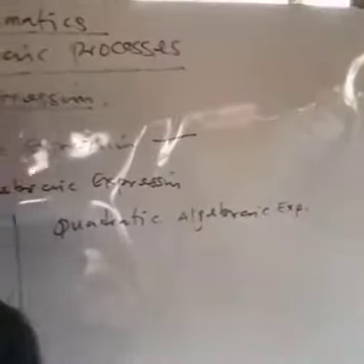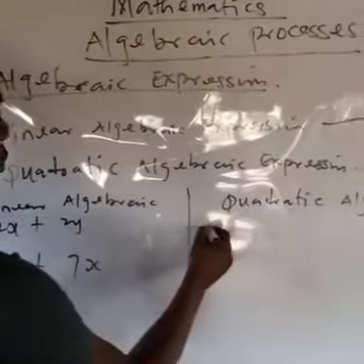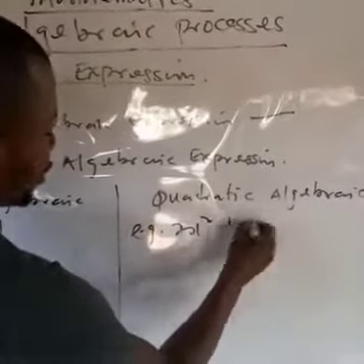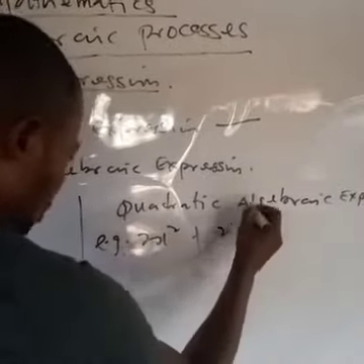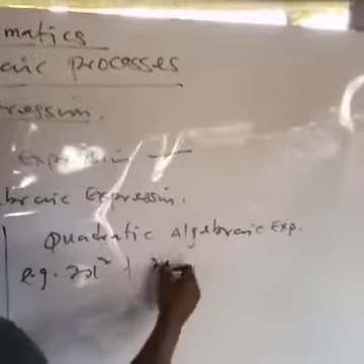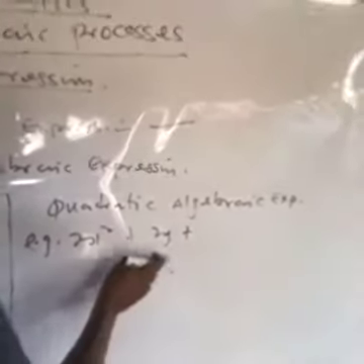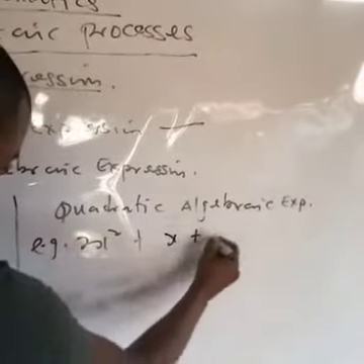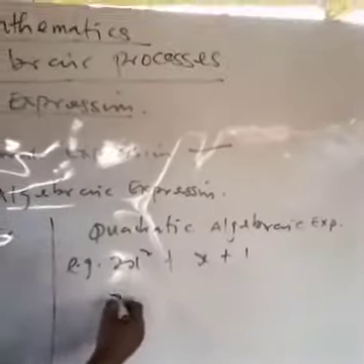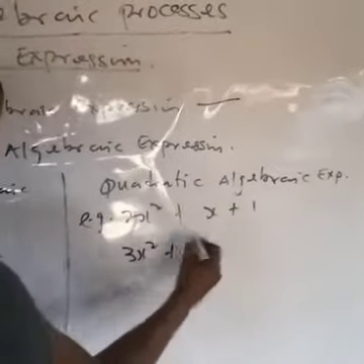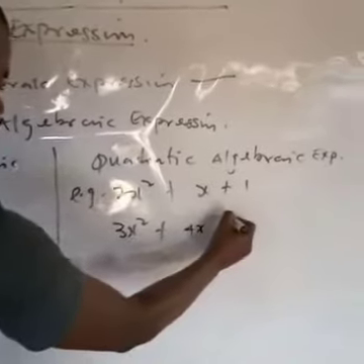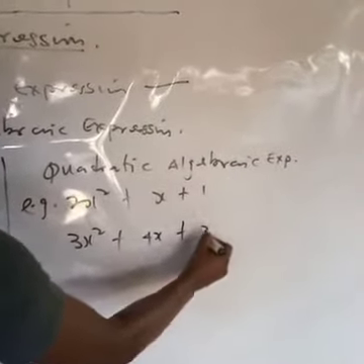Now under this one, e.g., we have 2x plus x plus 1. A good example. Another one, 3x plus 4x plus 3.